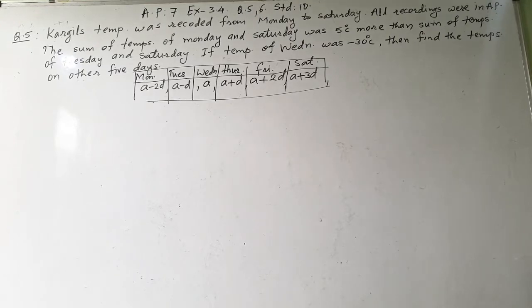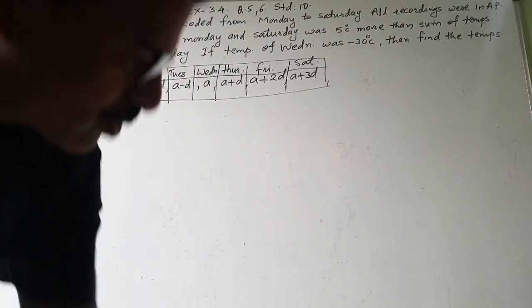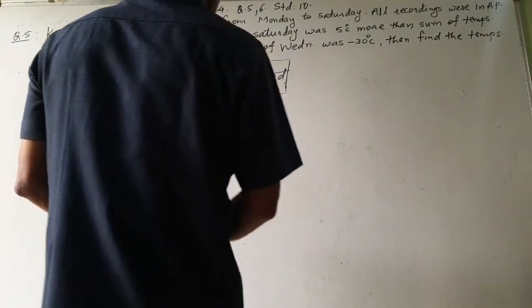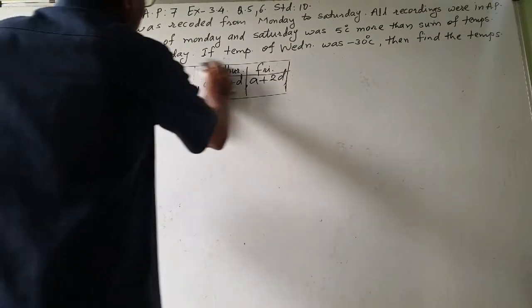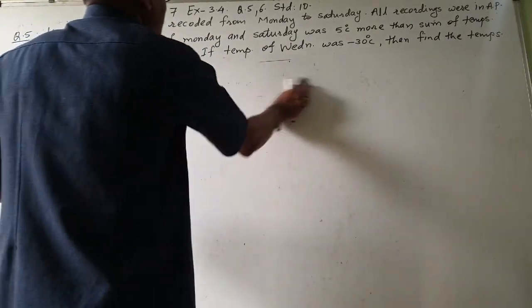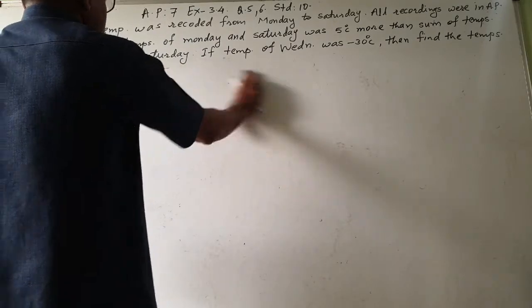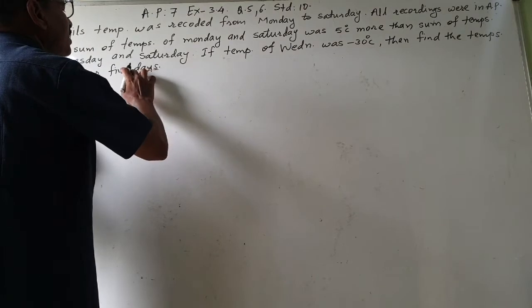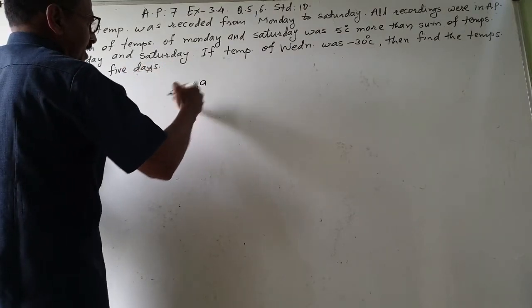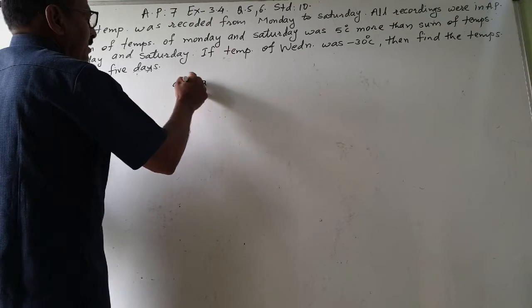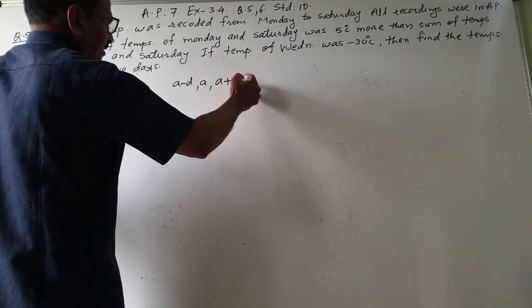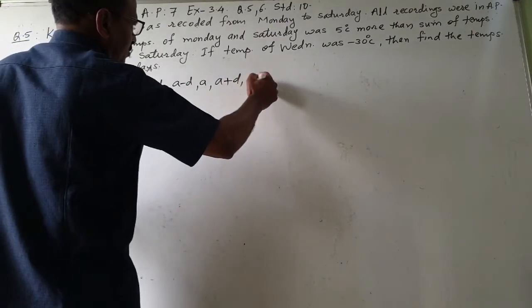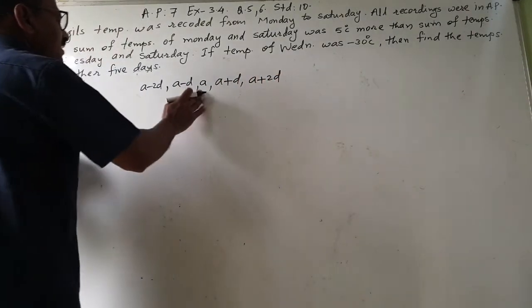Or you can go like this also. Suppose you want to do it differently, then suppose here I am not taking A plus 3D. Here I am taking A, I will rub it and once again I will explain. Here A, just see how many different arrangements there are. A minus D, here A plus D. Here A minus 2D, here A plus 2D. See the difference.